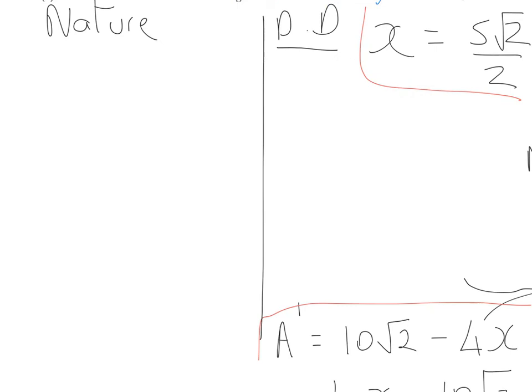So my two options are nature table or double derivative. So I'm going to first of all look at nature table. So it's x, a dash, and slope. My exact value is at 5 root 2 over 2. I can select neighbouring values to be 3 and 4.